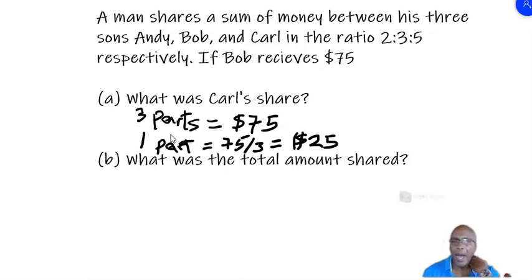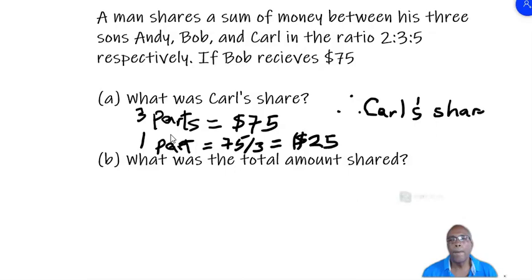So if 1 part is $25, and you have to find Carl's share, Carl receives 5 shares. So therefore, Carl's share equals 5 times 25, which is $125.